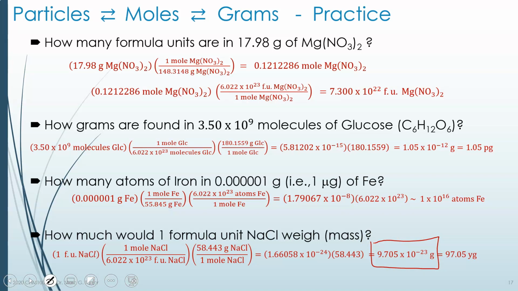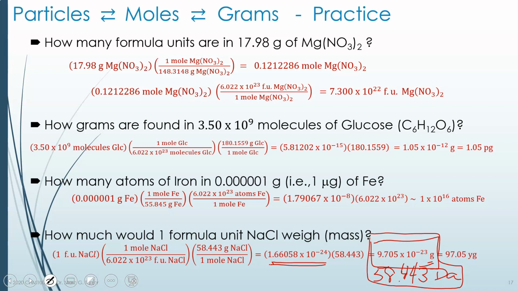So in fact, this answer here is in grams. This is the mass of 1 NaCl. But you'll remember 58.443, that number you calculated as the molar mass, is also the mass of 1 formula unit in Daltons. So these two are actually the same value in 2 different units, because what you've done here is Avogadro's number is your conversion factor.